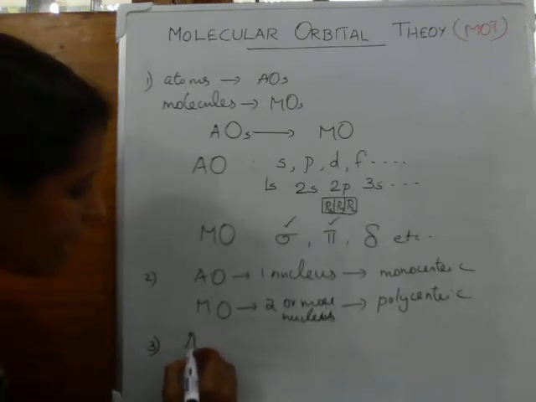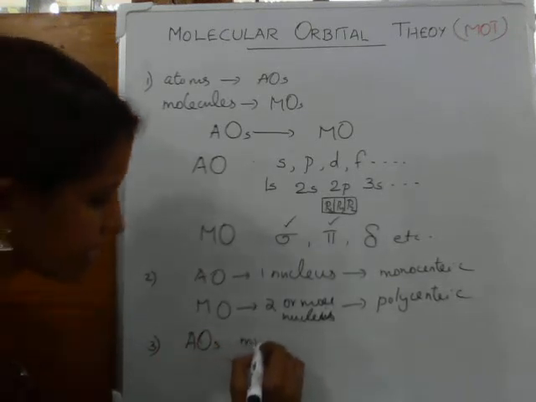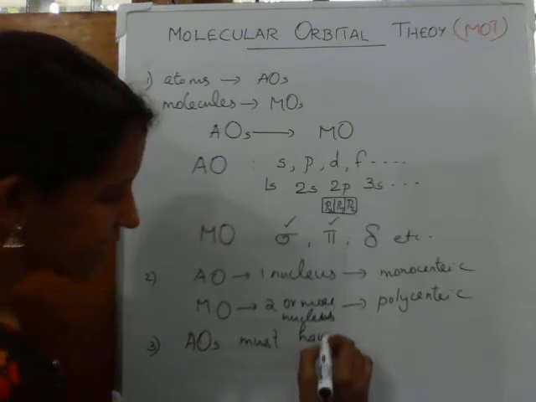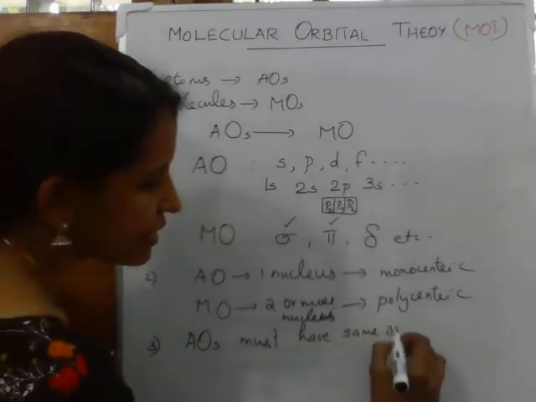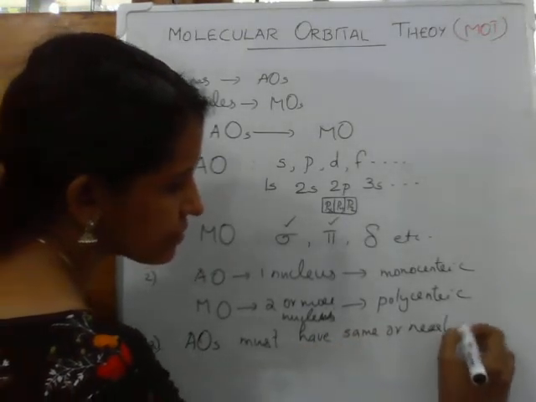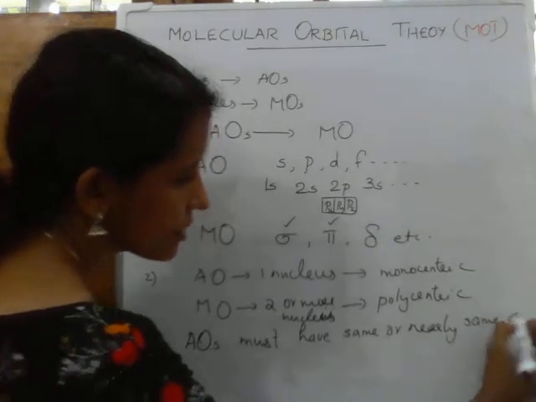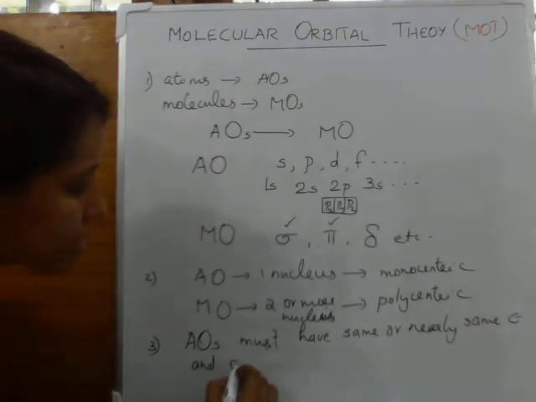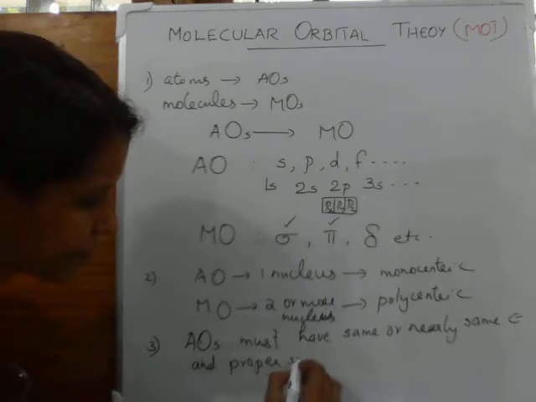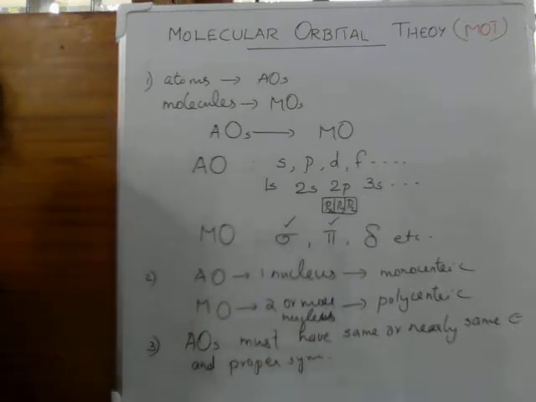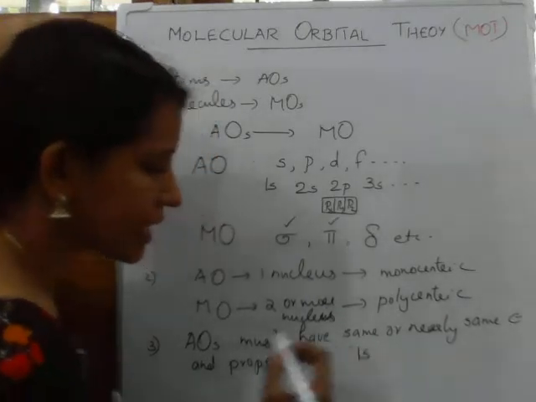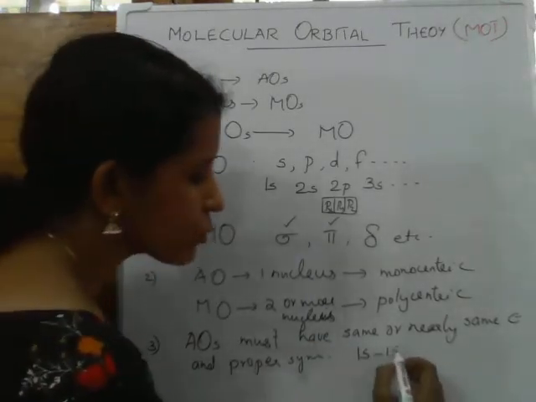The combining atomic orbitals must have the same or nearly the same energy and proper symmetry to form molecular orbitals. That means a 1s atomic orbital can combine with a 1s atomic orbital only.